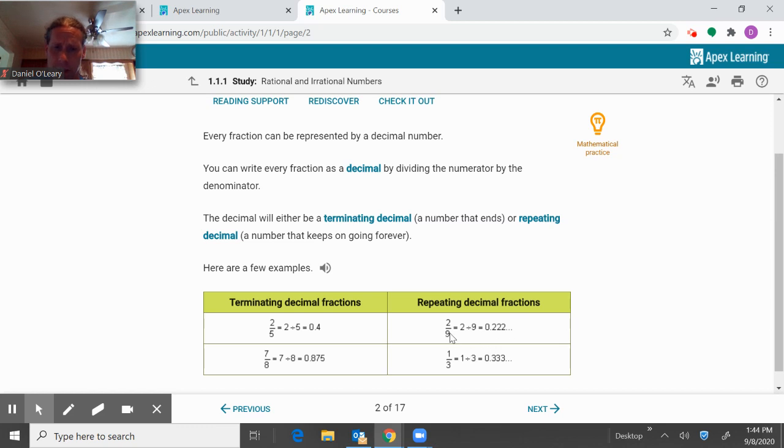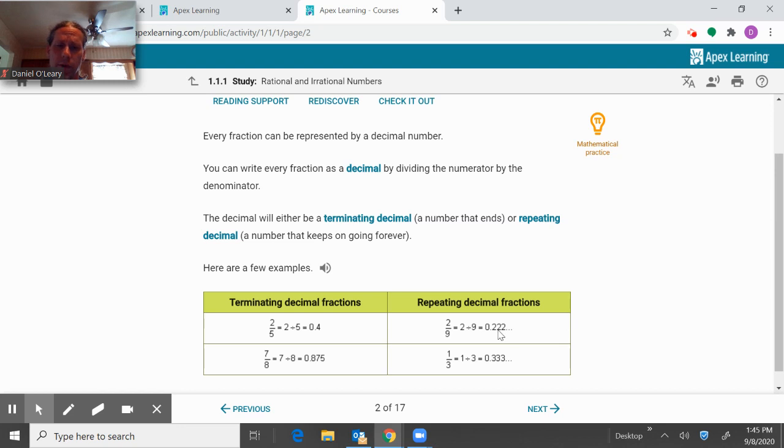Repeating decimal fractions: 2/9 would equal 2 divided by 9, 0.2222222. The ellipsis means that it continues forever, on and on. 1/3, 1 divided by 3, would equal 0.33333, on and on forever.